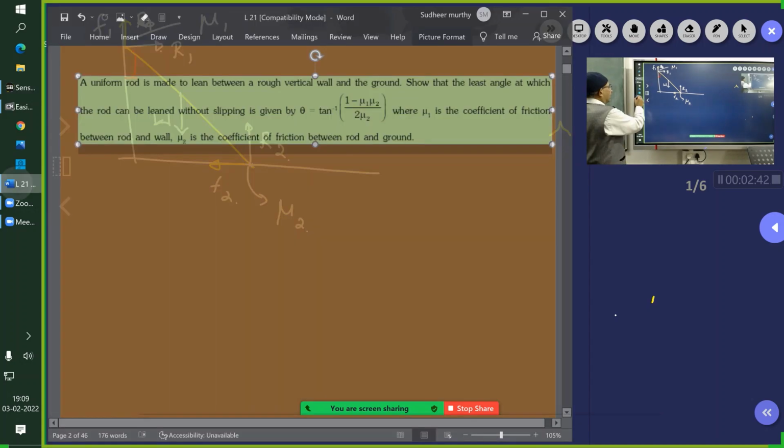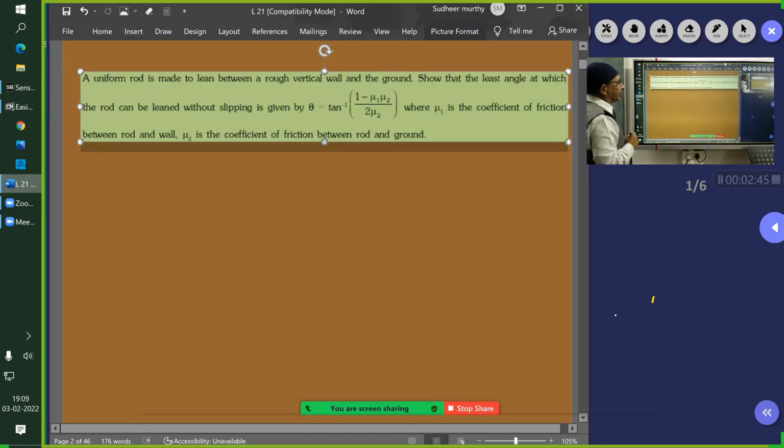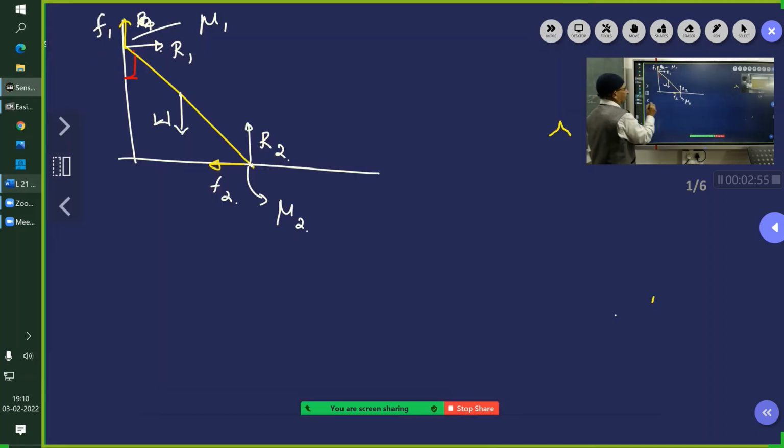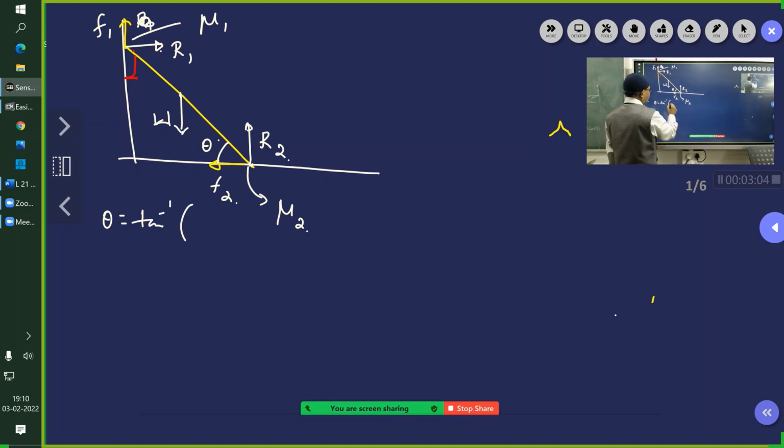They have asked us to show theta is equal to tan inverse of (1 minus mu1 mu2) divided by 2 mu2. So we have to prove theta is equal to tan inverse of (1 minus mu1 mu2) divided by 2 mu2.